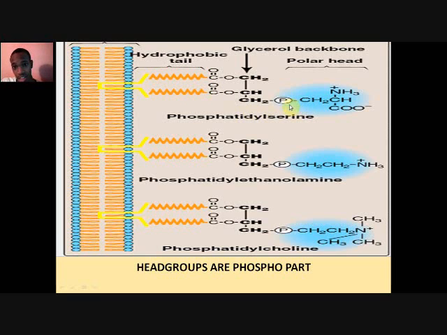The head is the phospho part, where the phosphate is attached to the substituent. In this case, the substituent is a serine molecule, so we have phosphatidylserine. And here we have another example. So just remember that the head is the phospho part, and the tails are the fatty acids on carbons 1 and 2. This diagram came from one of the textbooks. I'm sorry, I can't remember which, but as I advise you, read the textbooks.